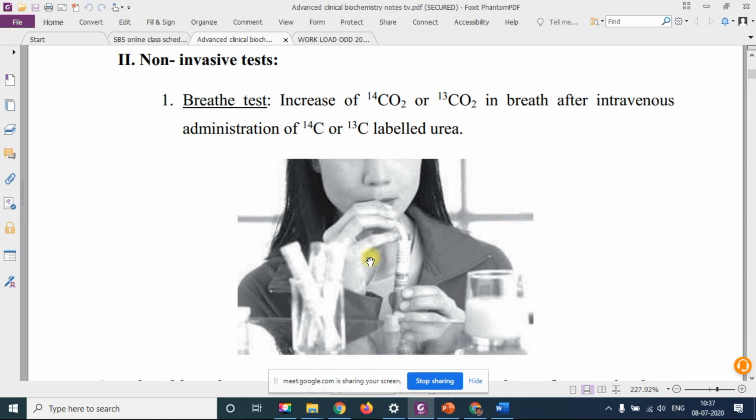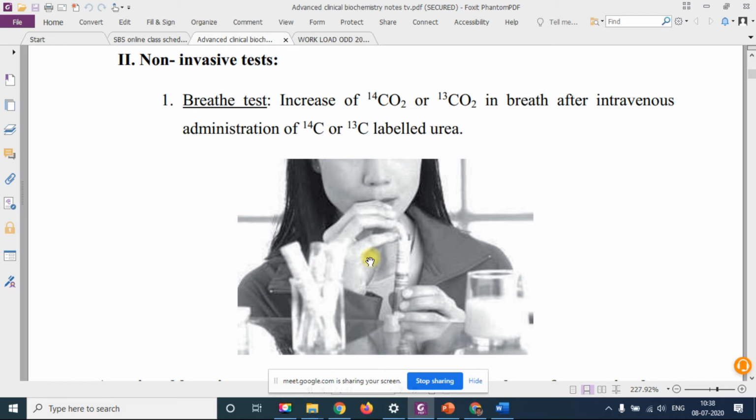That means we have a chemical substance, urea, labeled with carbon either 13 or 14. This is readily available in the market, so we can give the solution to the patient. Let them drink that urea solution. Don't think there is a big tube or bottle of nearly 1 liter.